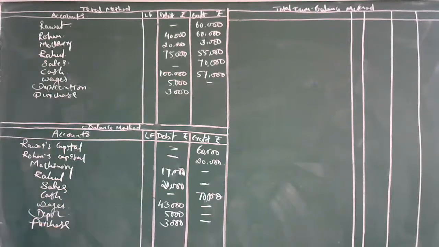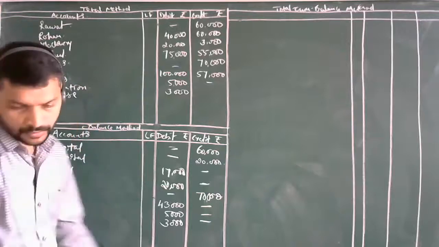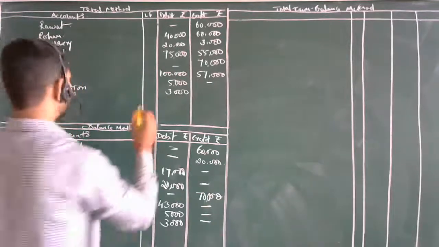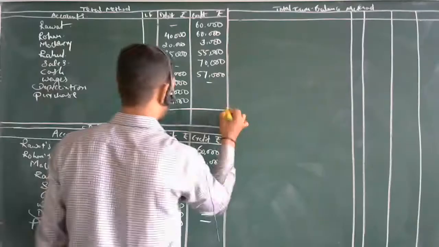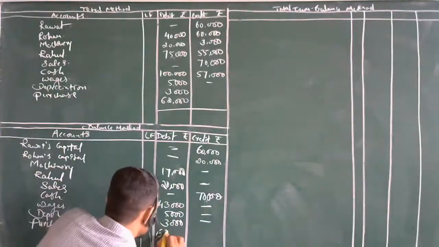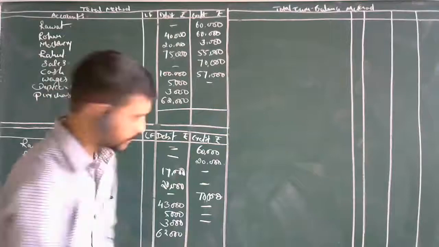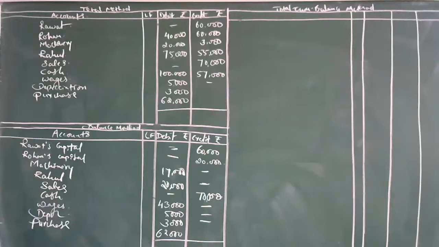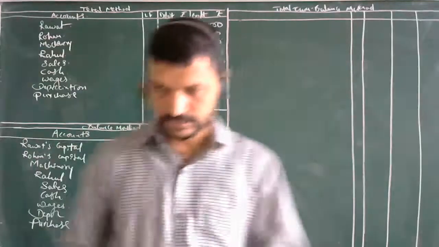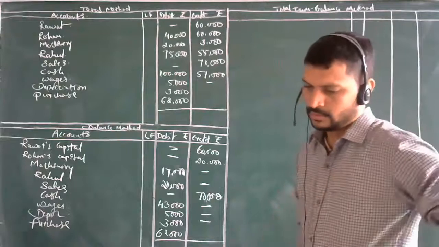So purchase, both the purchases, tell me the total of the purchase. 62,000? Okay, done. And even this, 62,000 down also, the balance also is 62,000 only? So make the total of both the sides and check it out. Is it getting tallied or not?